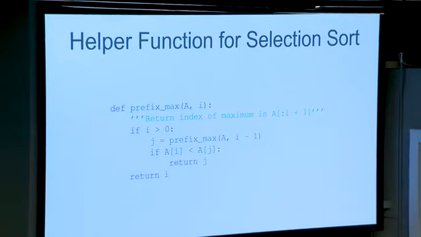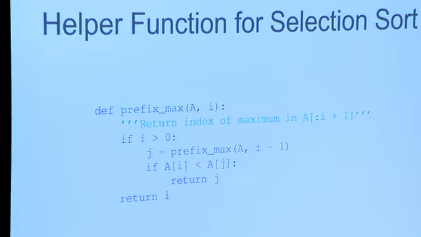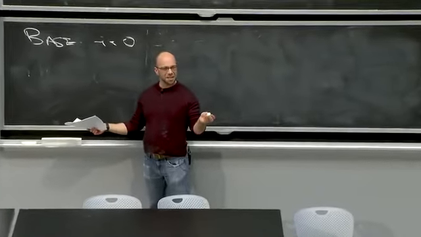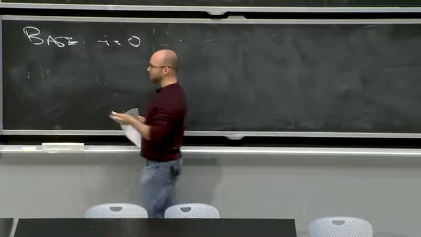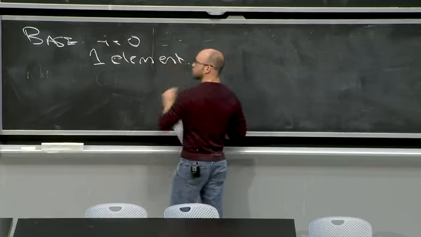Right? So let's maybe do this inductive proof a little bit carefully, and then the rest will be sloppy about it. So the base case is I equals 0. Well, in this case, there's only one element in my array, so it's pretty clear that it's the max. Okay.